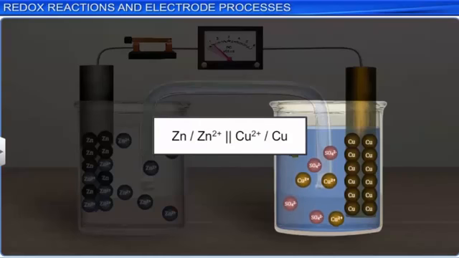The overall cell is represented by writing the oxidation half cell on the left-hand side and the reduction half cell on the right-hand side, both separated by two vertical lines.